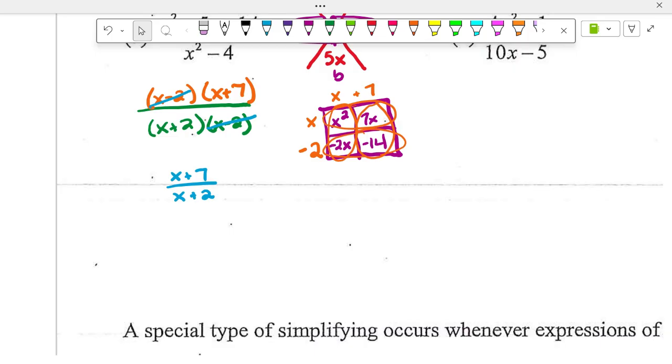So the way I explain this to students is up here, X minus 2, X plus 7, they're being multiplied together. Same thing down here. And we can cross these out because technically we're dividing this by this. I like to say multiplication and division are a little bit more open in the relationship departments.